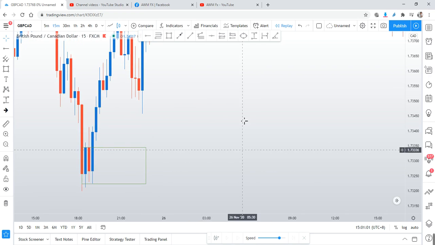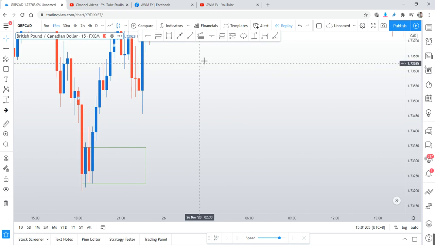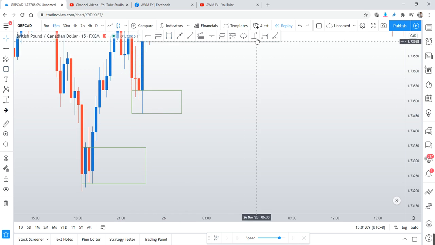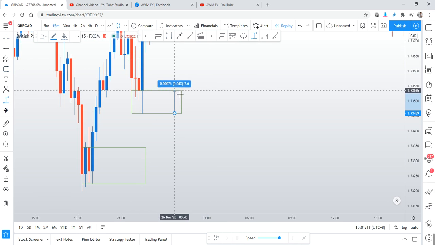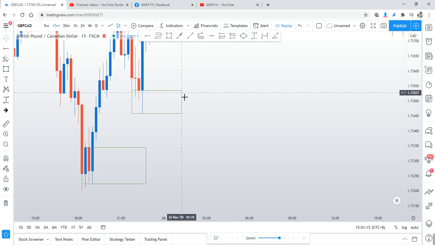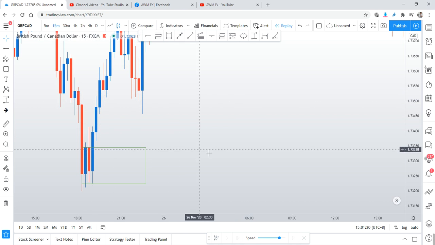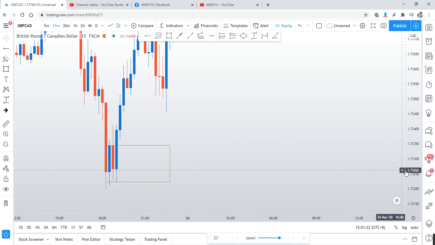I just need to show you how big was my stop loss. Not much, 7.5, 8 pips. That's all. So this is the second trade that I placed in.